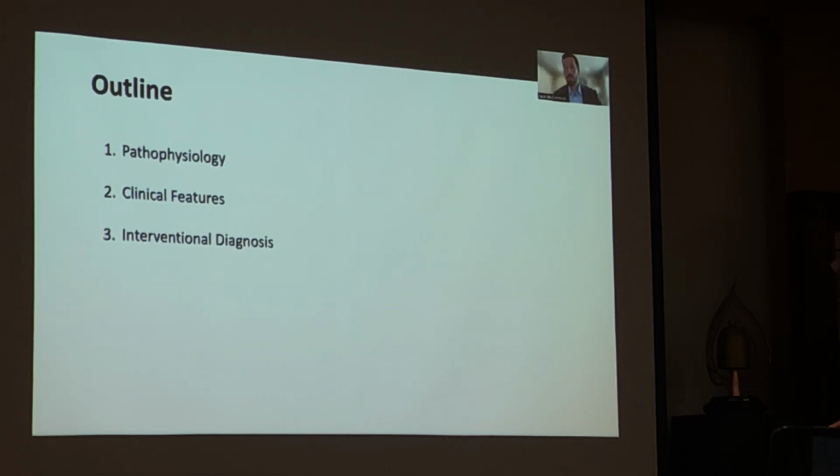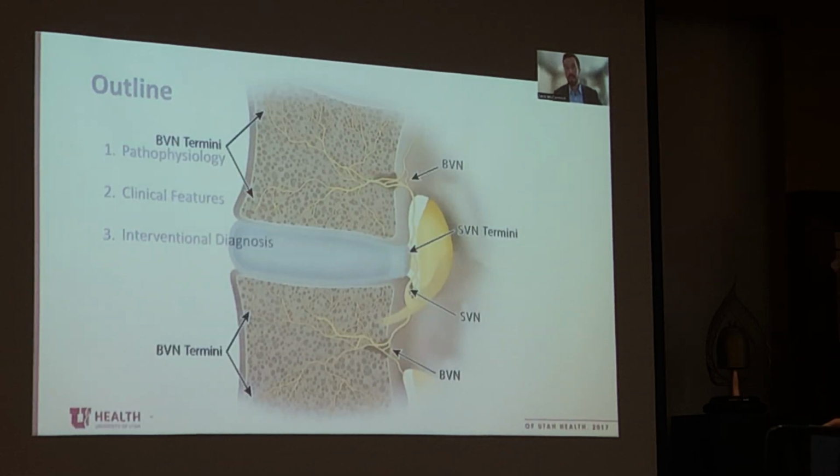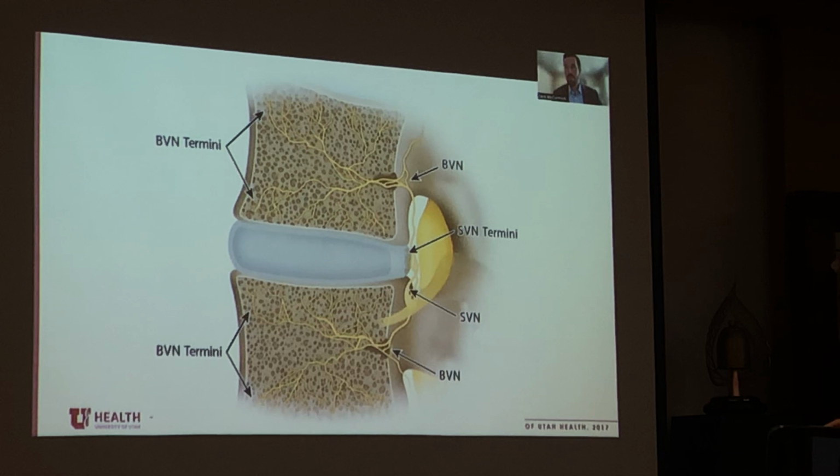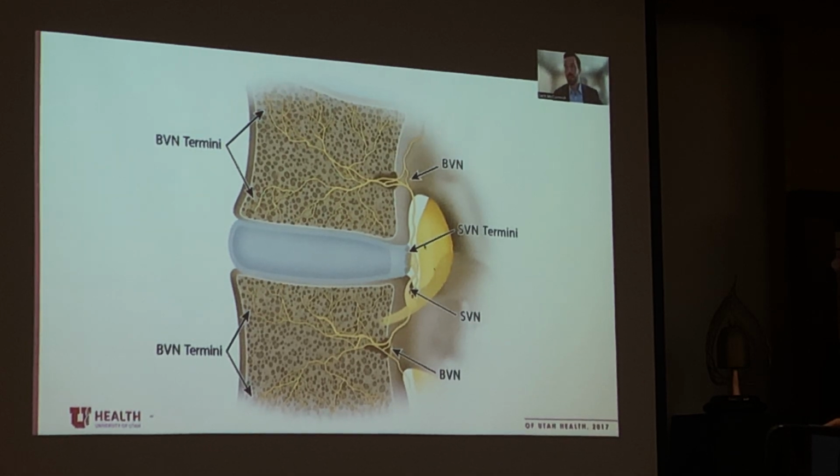All right, so we'll dive into pathophysiology of annular pain, and then separately vertebral end plate or vertebrogenic pain, talk about clinical features, and then interventional diagnosis and some of the challenges related. So just to level set, here we're looking at a vertebral segment, a motion segment.